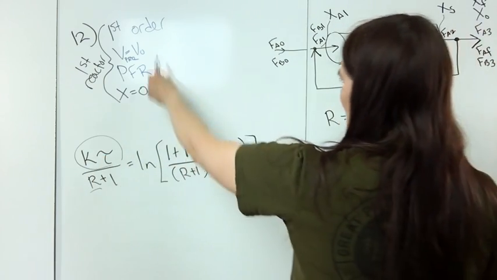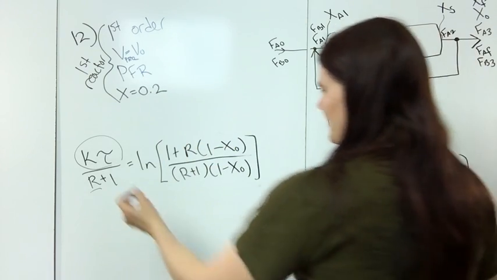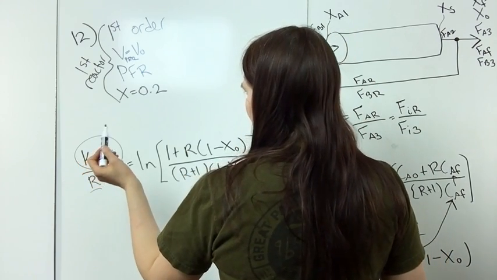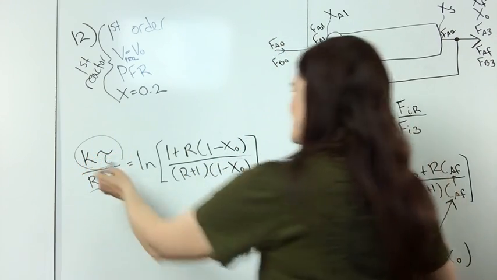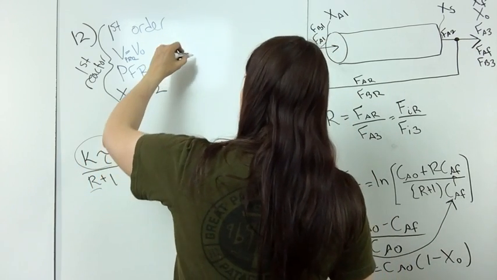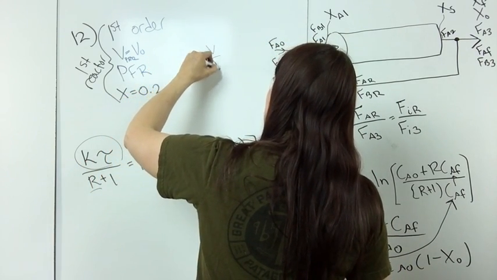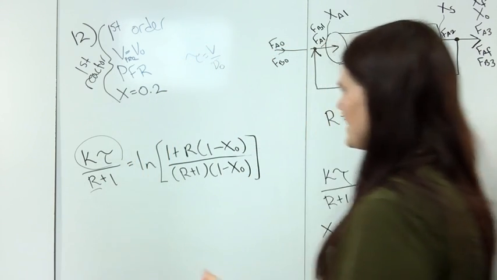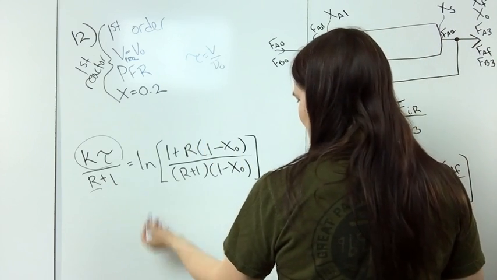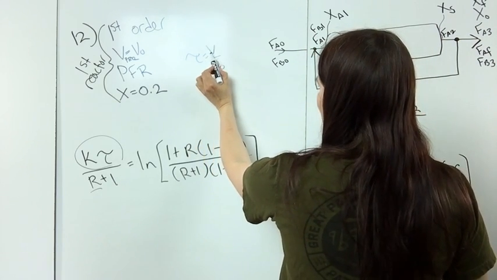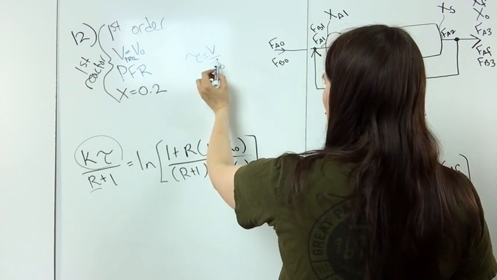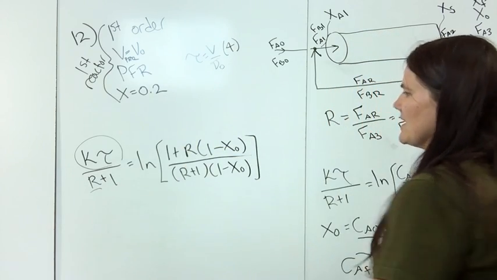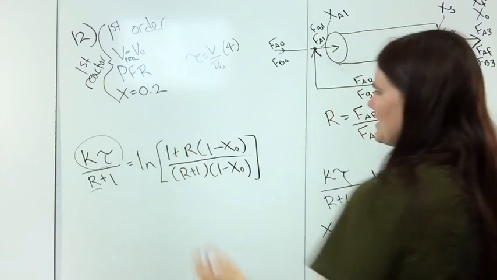And we can get that from this PFR, because K should be the same, and tau is equal to V over V naught, and then it told us that the recycle reactor was 4 times the size of the PFR, so this should just be multiplied by 4. So you can get K tau and just multiply it by 4.